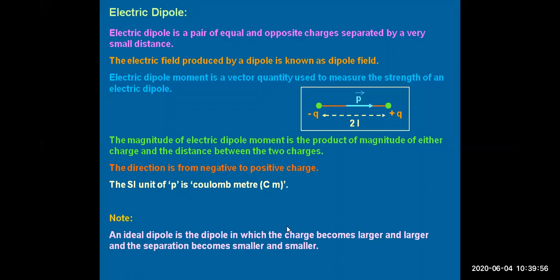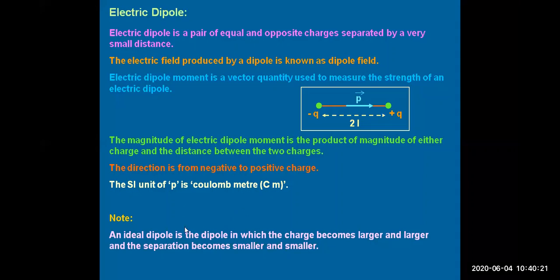Now you have to note a point here. Ideal dipole is the dipole in which charge becomes larger and larger and the separation becomes smaller and smaller. So this value of Q should become bigger and bigger, and the distance 2L, distance between the two charges, should become smaller and smaller.